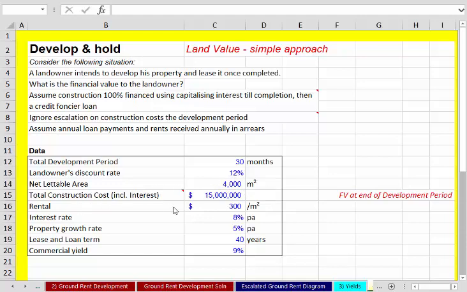And so this little complication here is put in just to give you a bit of a flavour for what it's like from a developer's point of view or someone doing this type of analysis, because the $300 per square metre comes from the market, the 4,000 square metres comes from the building plans, and you simply multiply them together. The rest of it, interest rate, makes sense, and so on.